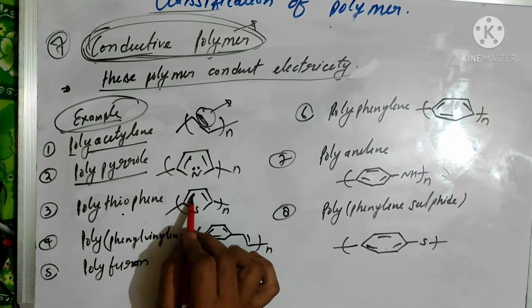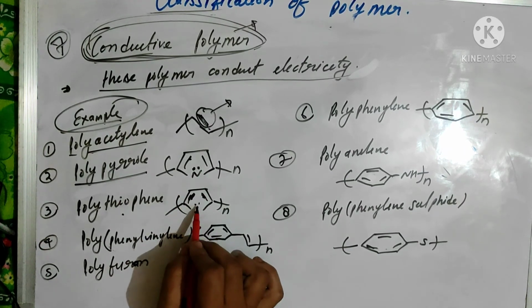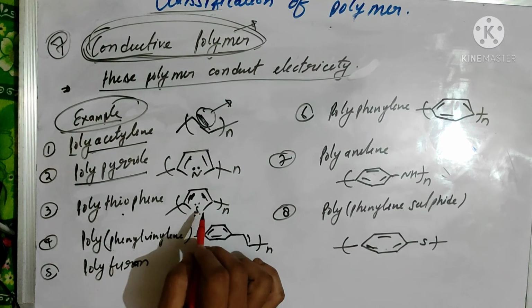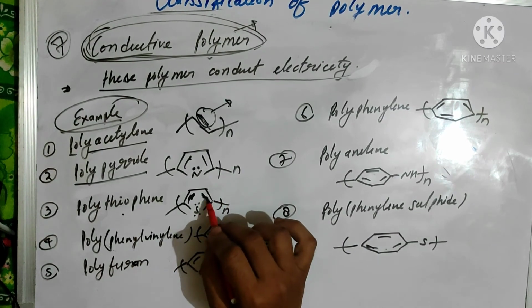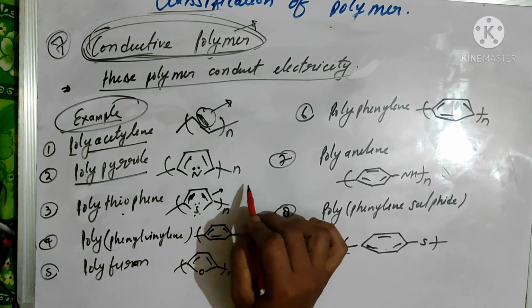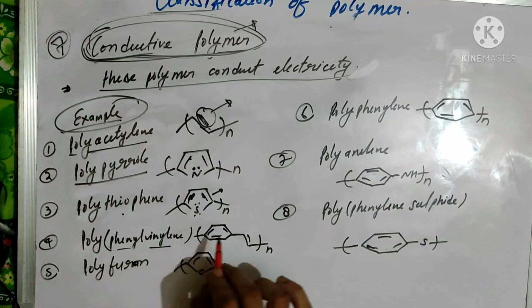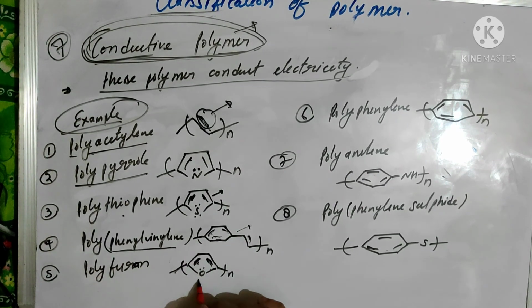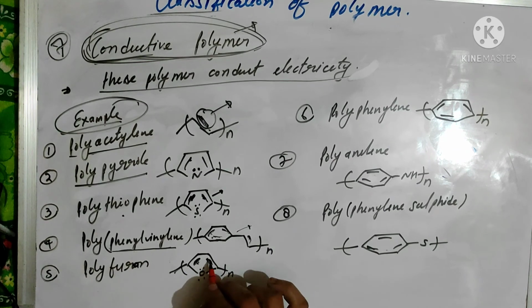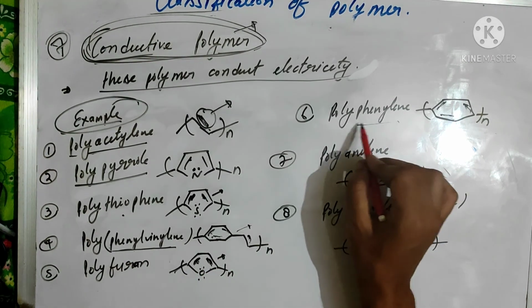In the same case, the double bond and the lone pair of the sulfur are responsible for the carrier of the charges. And polyphenylene oxide. This polymer also comes under the conductive polymer. Both the double bond and the lone pair of the oxygen do the resonance, and that's why it is used as the carrier of the charge and helps the flow of electricity.